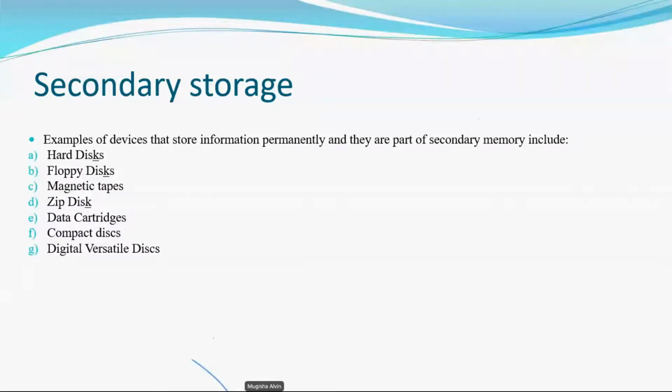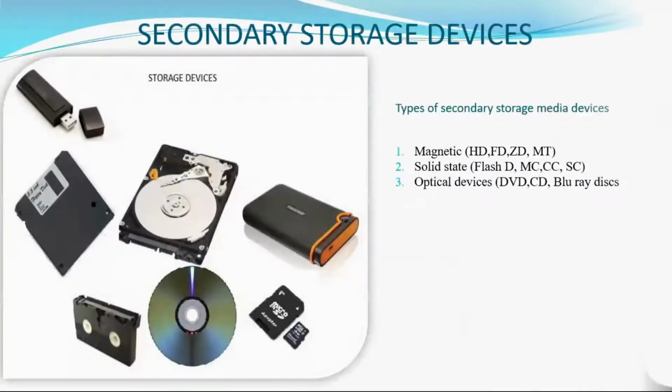Now, we have to understand that the secondary storage devices store information permanently, unless you go and delete. If you delete your work, of course, that's when you lose it. But even in Windows, when you delete, you don't lose your work completely. You can still recover it from what we call the recycle bin. Also in other operating systems. So these are some of the few examples of secondary storage devices.